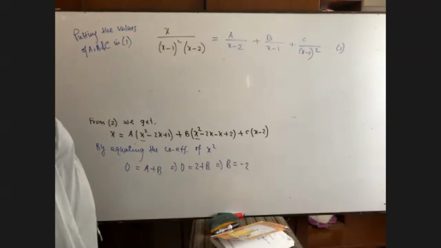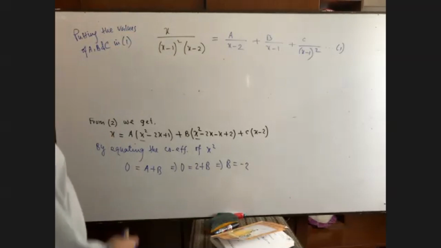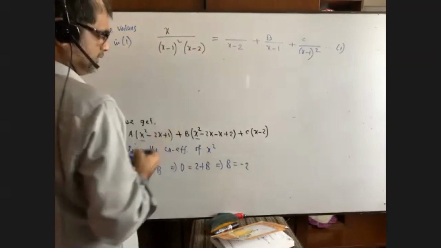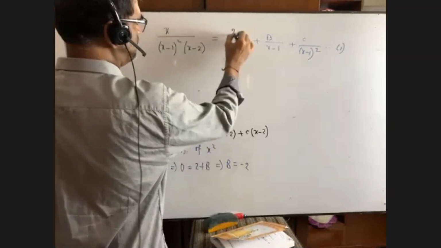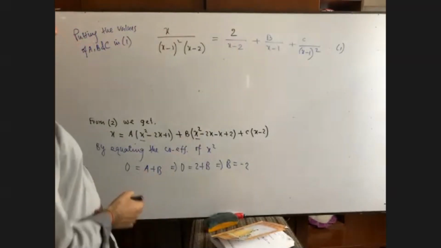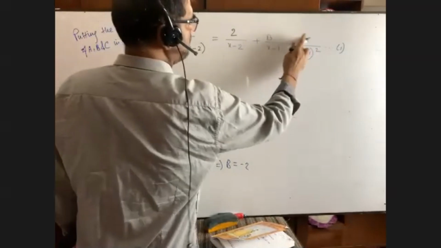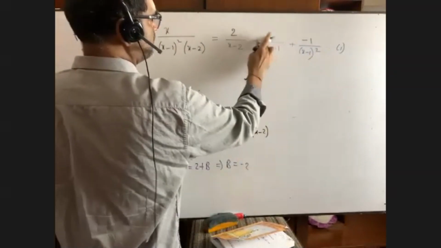What is the value of a? Can you remember please? The value of a was 2. So here it will be 2. And the value of c was minus 1, right? And the value of b is minus 2.